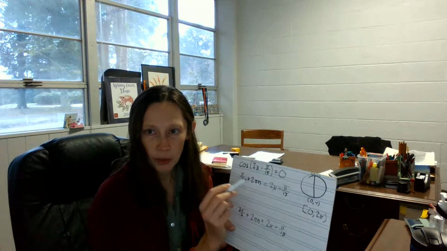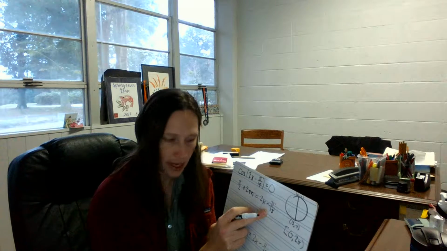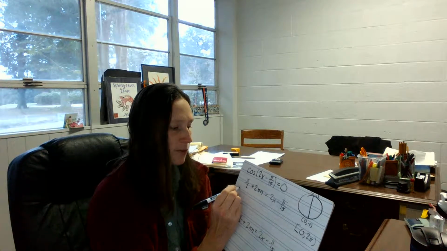Okay, so now I'm in algebra mode. I have to solve this for x. So I need to add pi over 15 to the other side. So if I'm trying to add pi over 2 plus pi over 15, I need a common denominator. The common denominator is going to be 30. Pi over 2 is going to be 15 pi over 30.